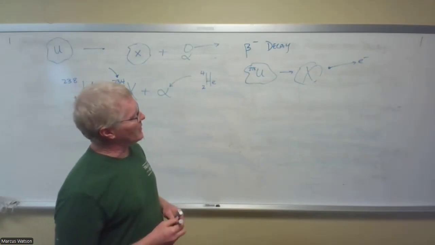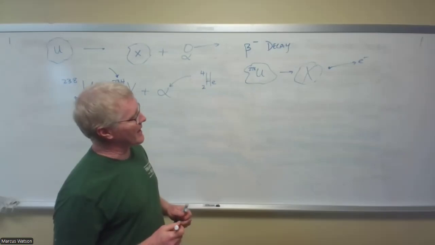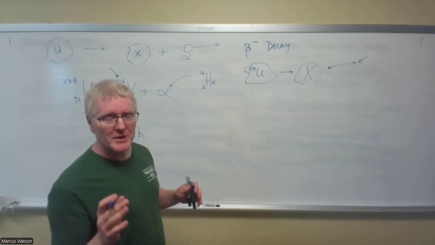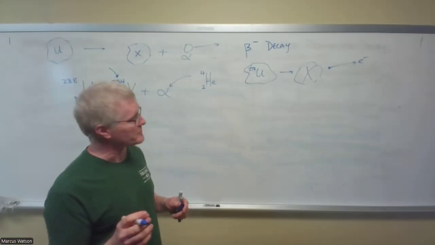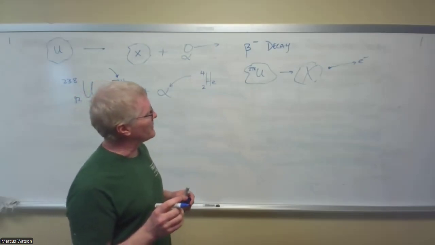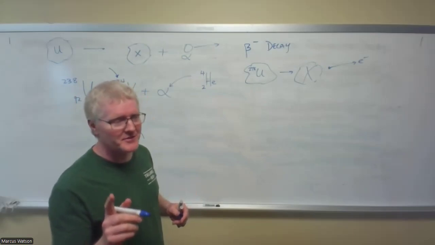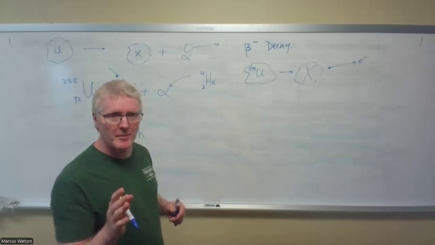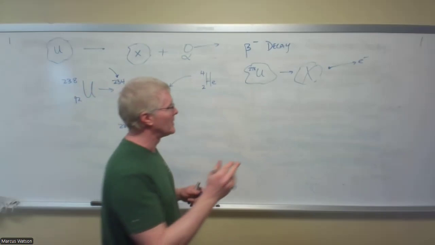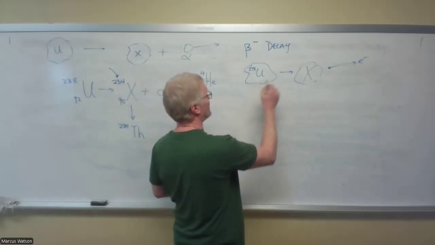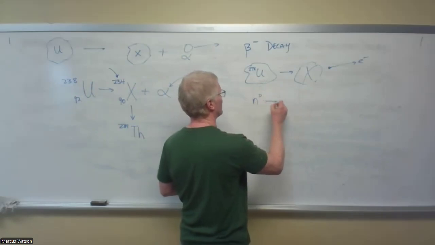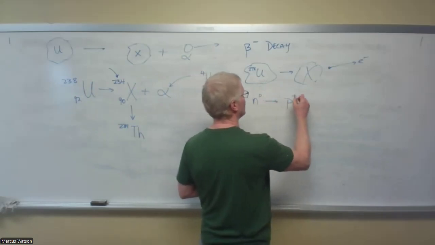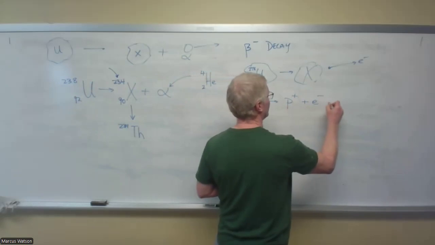How does this happen? Well, what happens is a proton actually decays. Protons, it turns out, are not stable. Neutrons. I'm sorry, I got that backwards. Neutrons are not stable particles. Neutrons can decay. So the reaction that happens inside the nucleus is that a neutron, an N0, has become a proton plus an electron.